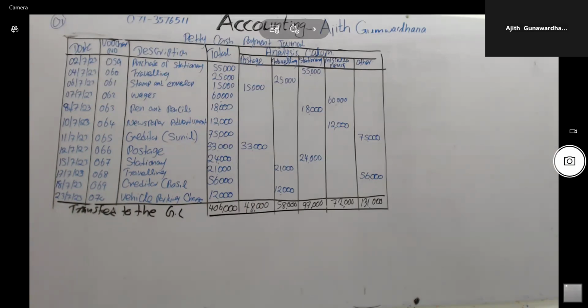First one, complete recording parts. Then there's how to record this information in the ledger account also.